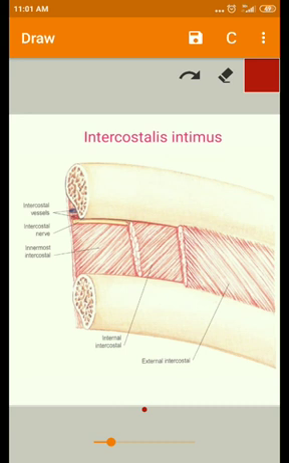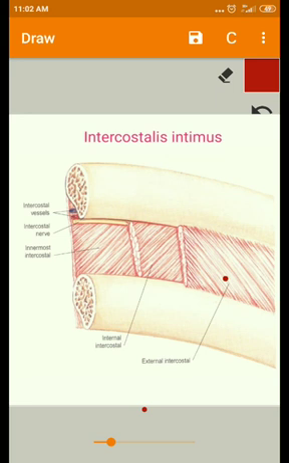The action of this intercostalis intimus muscle is, along with the external intercostal and internal intercostal, to act as strong supporters for the ribs, preventing their separation.